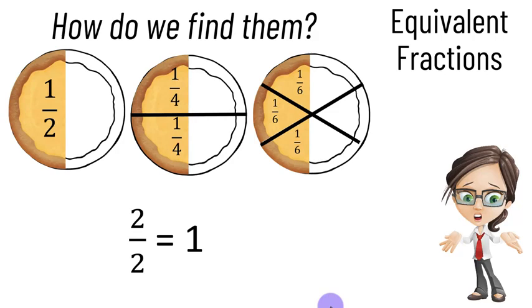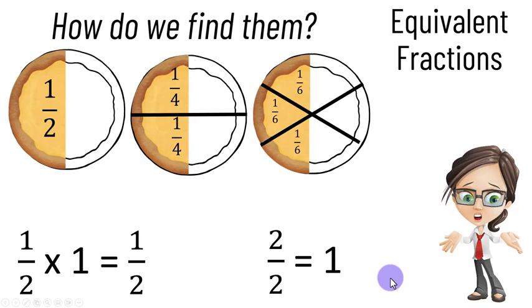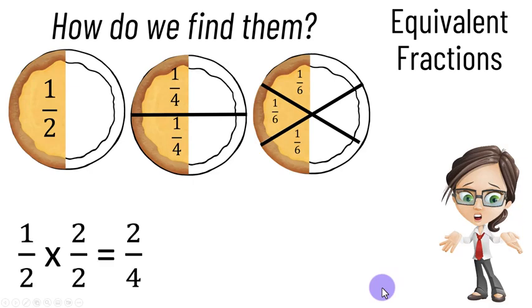Well, it's really important to us when we're finding equivalent fractions, because if we take 1/2 and we multiply it by 1, we'll still get 1/2, and we know that 2/2 equals 1. So what we can do is multiply 1/2 by 2/2, and we get 2/4.